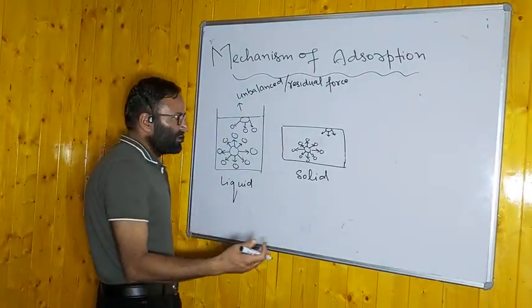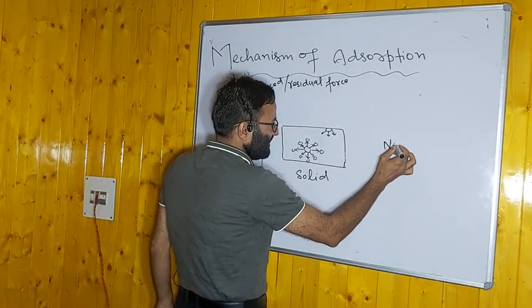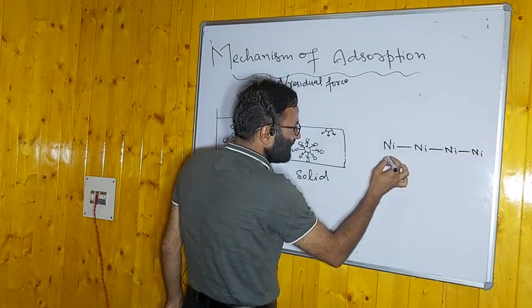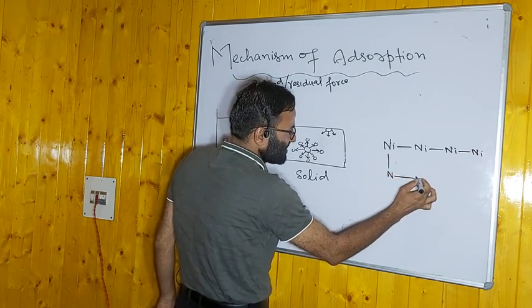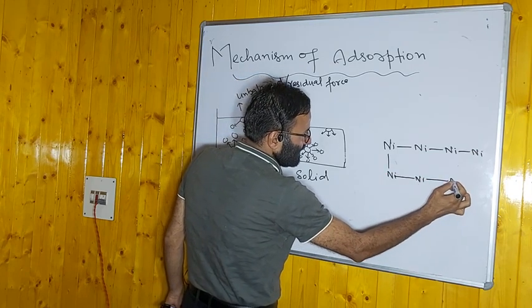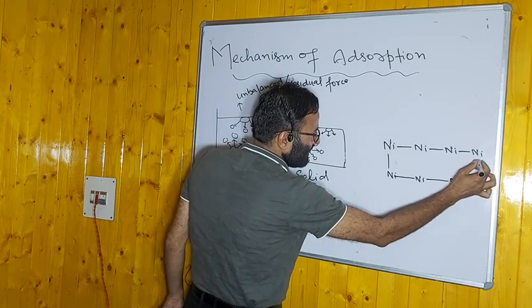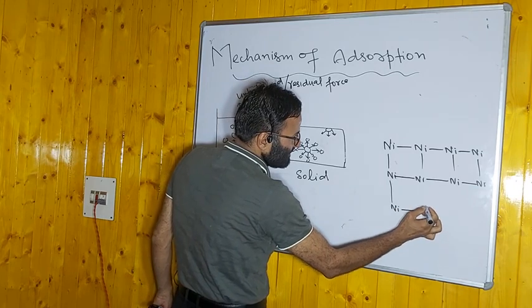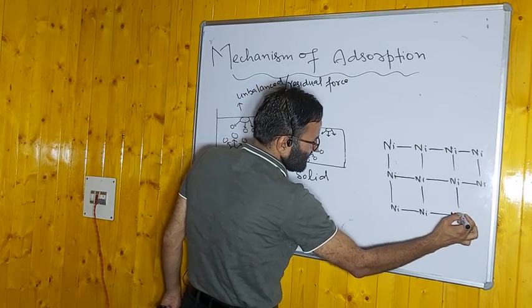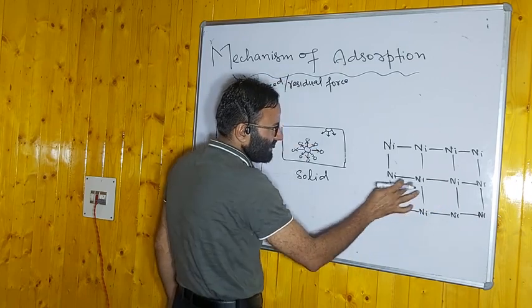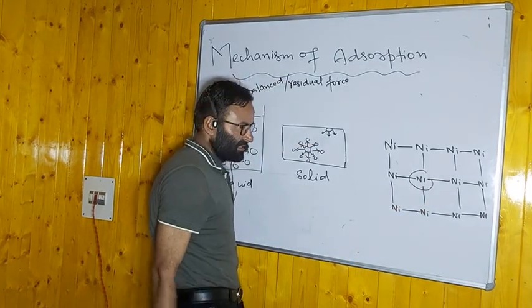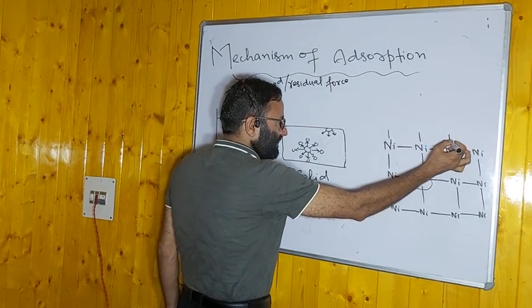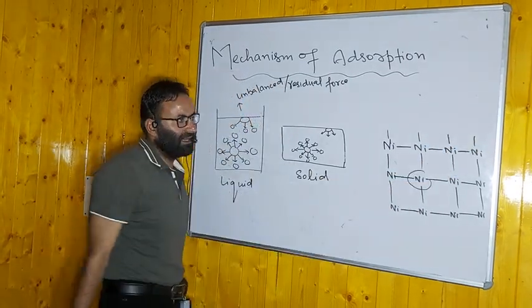Now if you take the case of a metal, for example, you have nickel crystal. Same thing happens here also in case of metal crystals. The atoms which lie in the interior of the crystal have satisfied valencies. If you consider the surface nickel atoms, they have unsatisfied valencies.